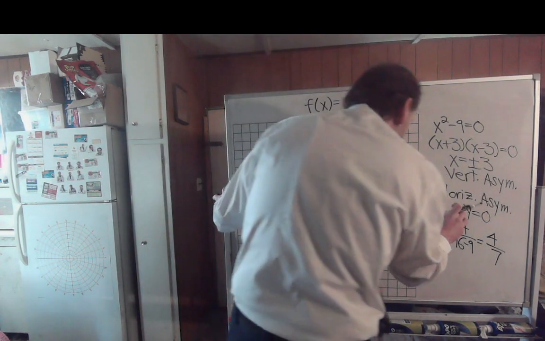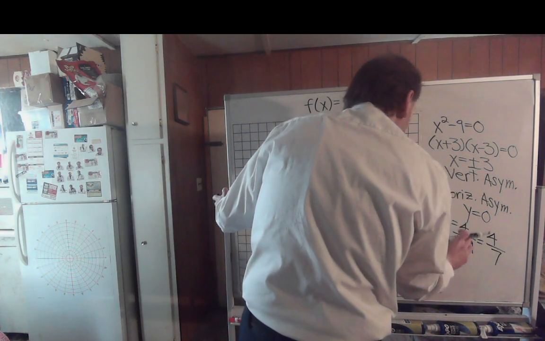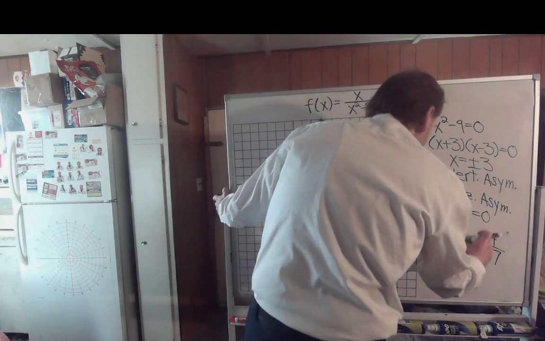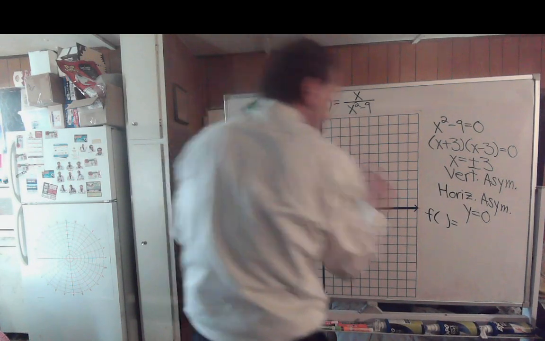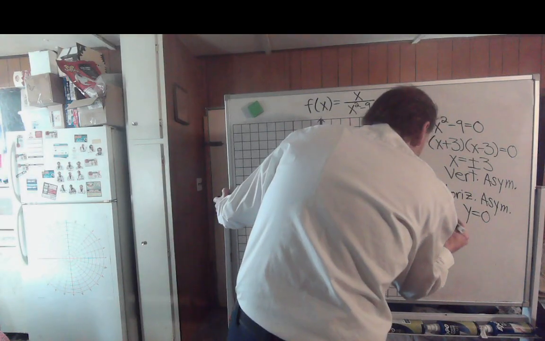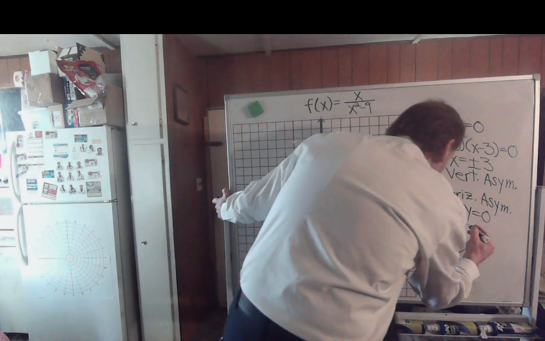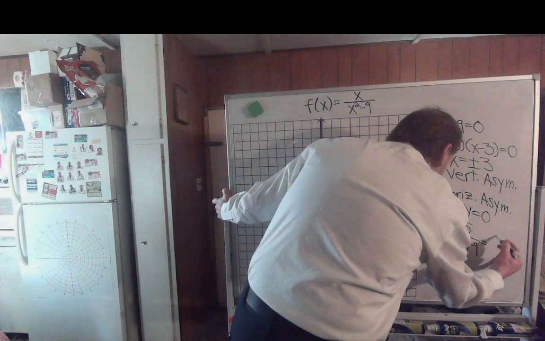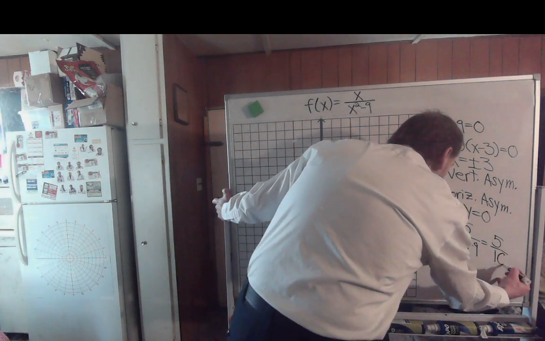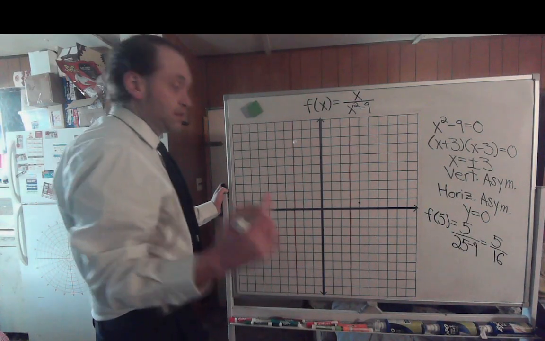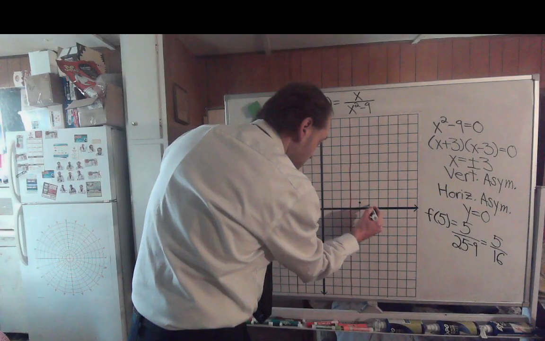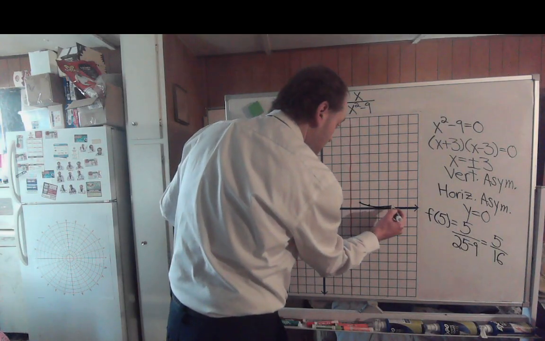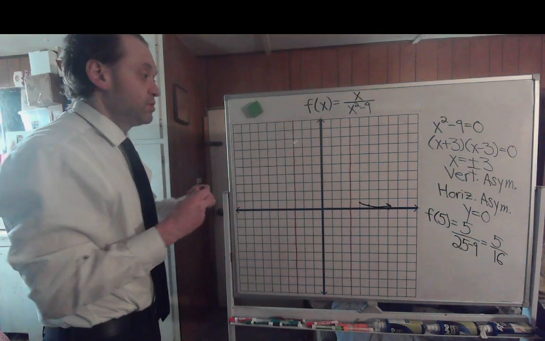Let's do f of 5. So f of 5 is going to be 5 over 25 minus 9, which would equal 5/16. That's under half and a little under a third even. So you notice it's starting to get infinitely closer and closer to that y equals 0 horizontal asymptote.